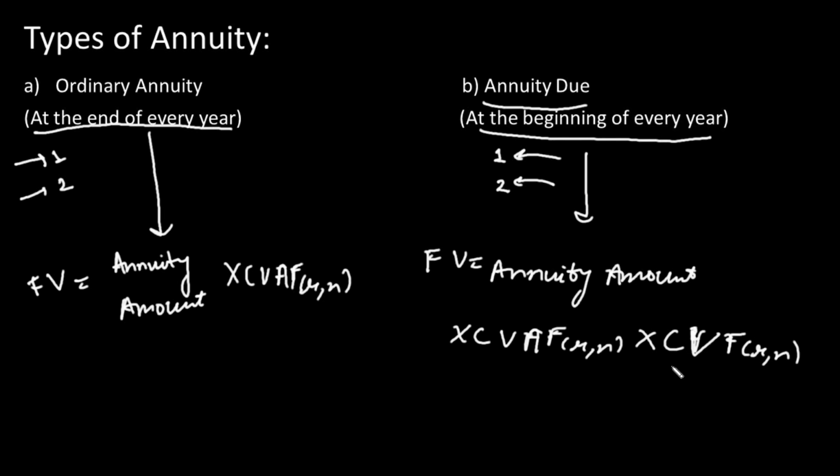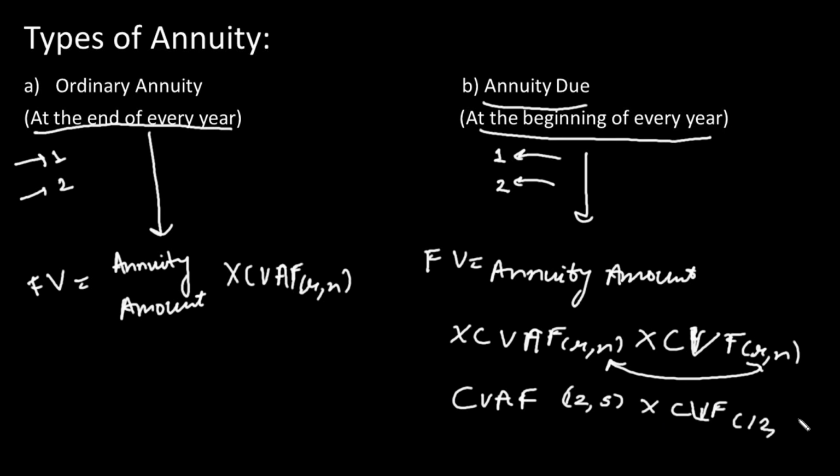So we multiply it by CVF also at the same R and N. This would be the same. Let's say if we are taking it as 12.5, so we once look into the amount at CVAF table and then we once look into the amount at CVF table for 12.5 only.